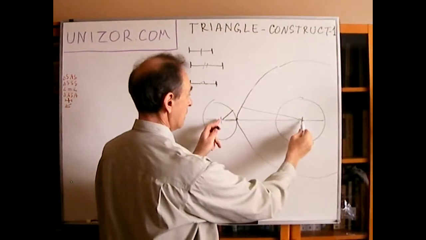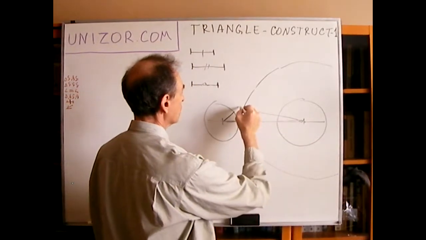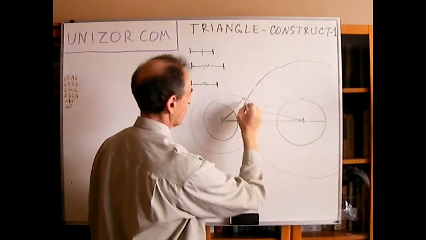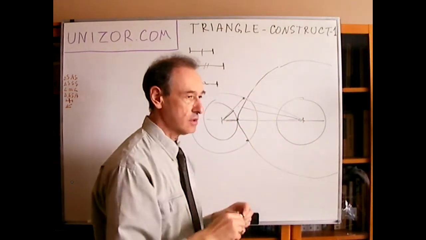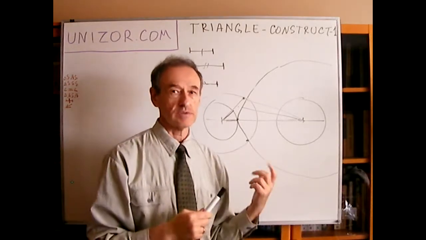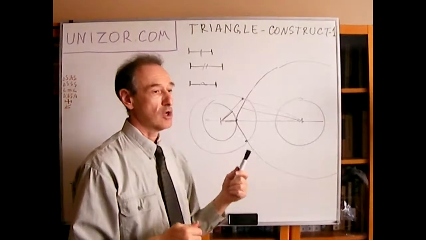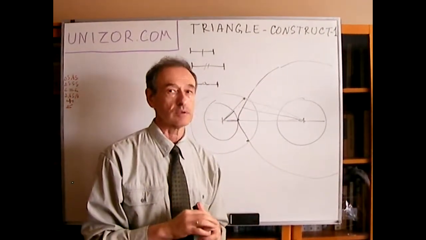But if the length of the biggest segment is smaller, then there will be 2 points of crossing, and that's what we actually need. So the condition for validity of this construction problem is that the biggest segment should be smaller than the sum of two others. Then we can construct the triangle.